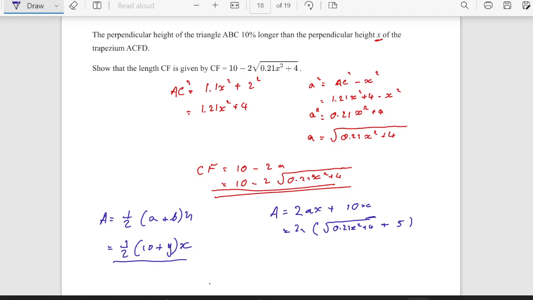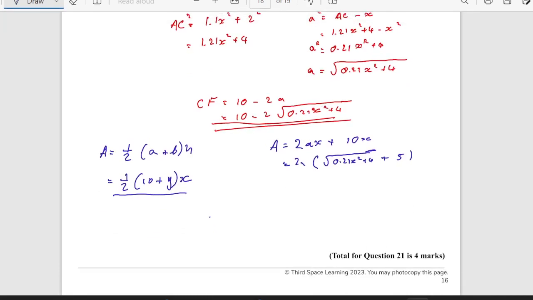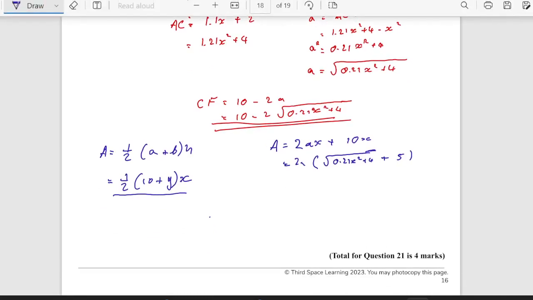And if we put these two things equal, so a half of 10 plus y times by x would have been equal to 2x times by the square root of 0.21 x squared plus 4, plus 5.